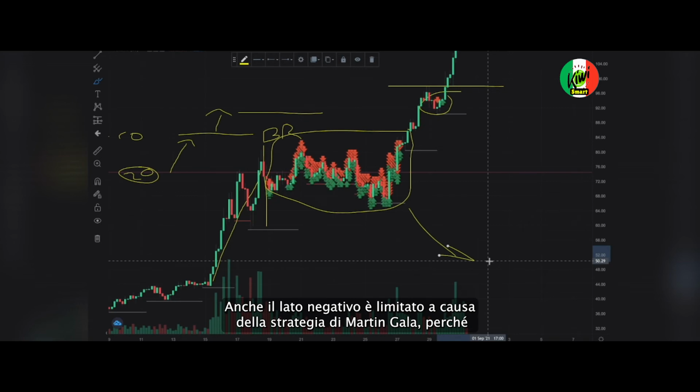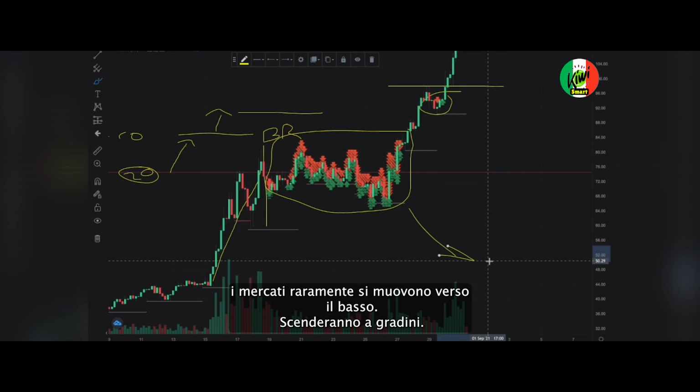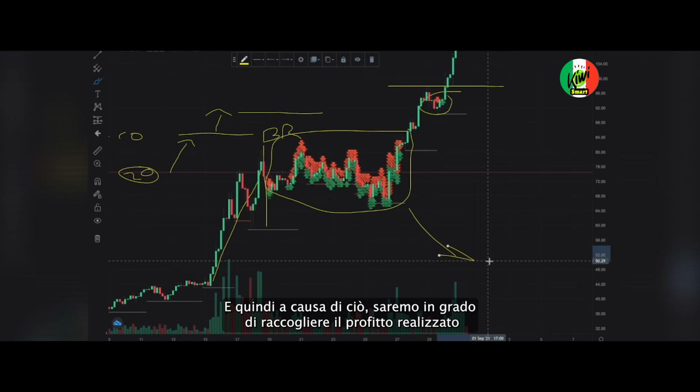The downside is limited as well due to the Martingale strategy, because markets rarely move straight down. They'll move down in steps, and so because of that, we'll be able to collect realized profit on the way down if eventually it moves out of a 10% range and we lose some capital based on that.